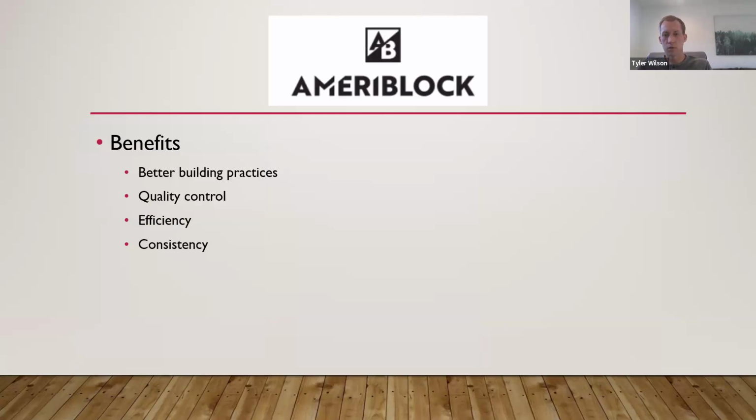So instead of installers hanging up siding, they are fabricating these blocks out of a lower quality wood, having to get their routers, or maybe they're not even routed. And so you get blocks that are definitely not as visually appealing.